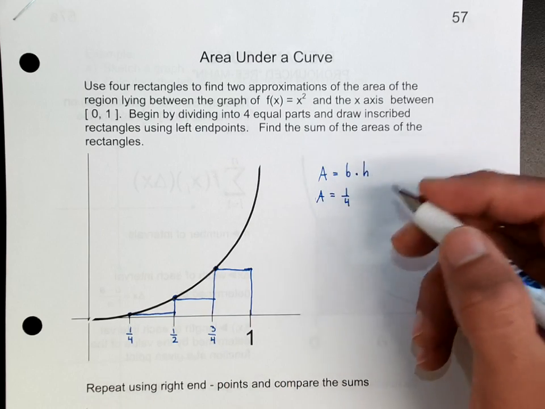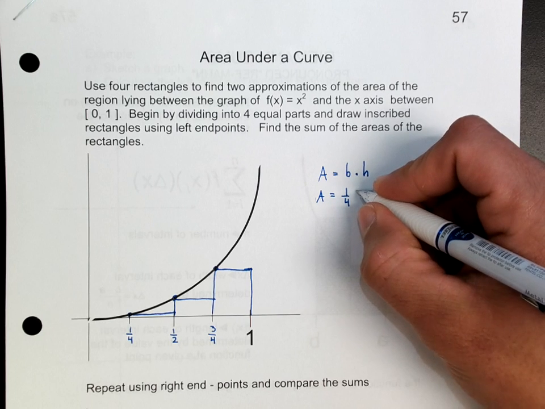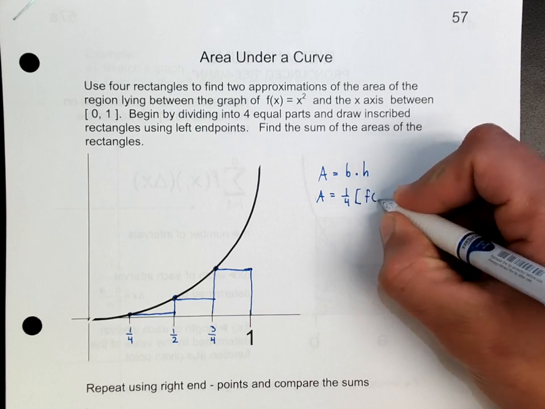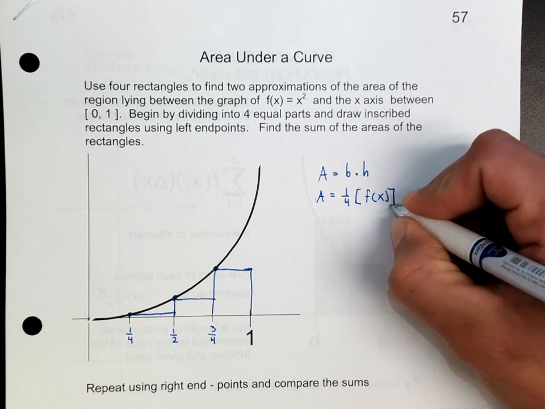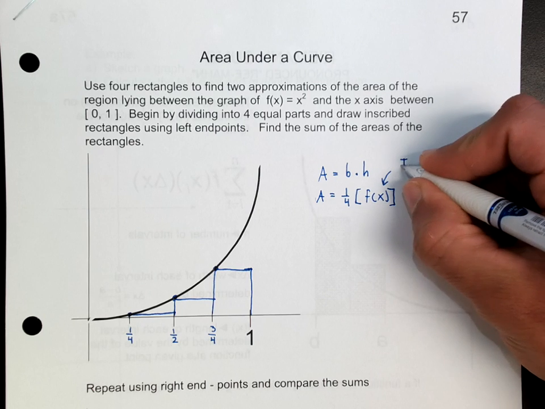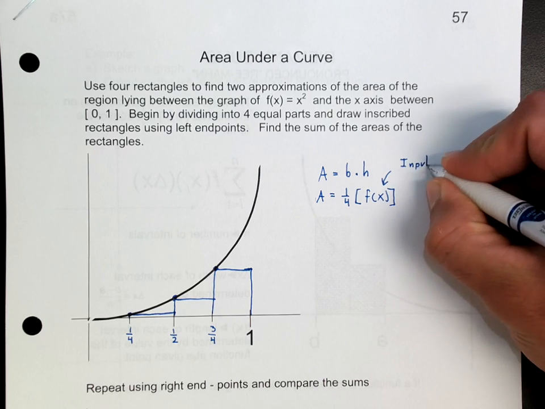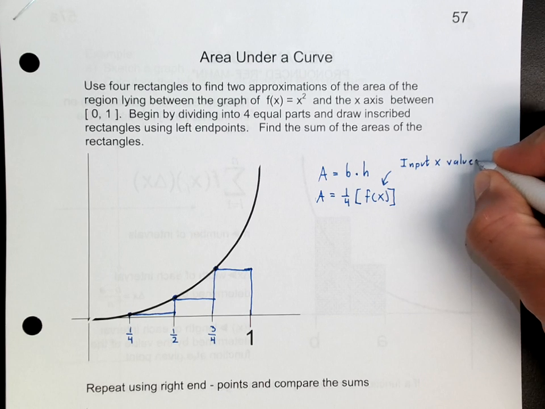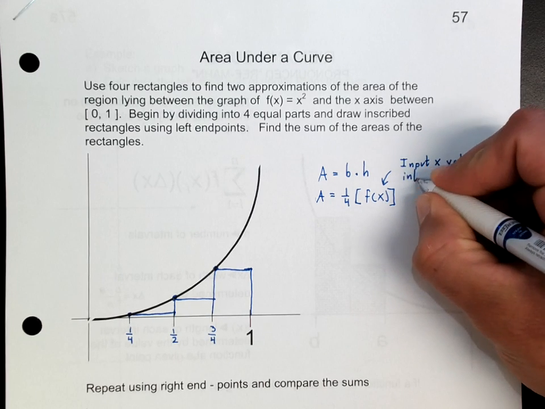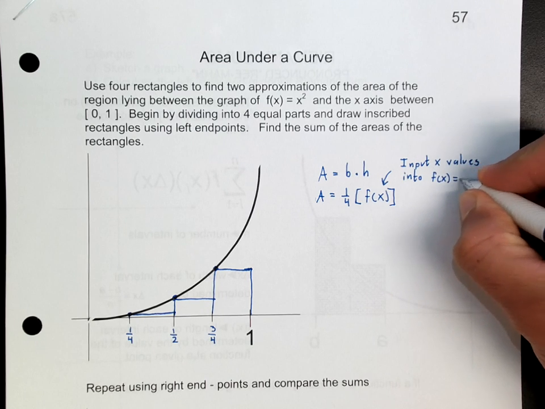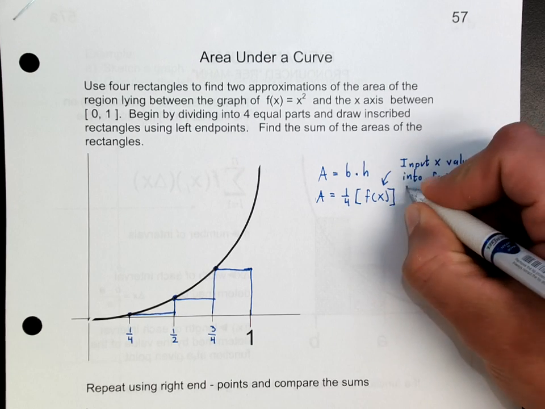So the height of these, well, that depends. So we're going to say that this is going to be 1/4 times f of x, where you input x values into f of x equals x squared to obtain height.